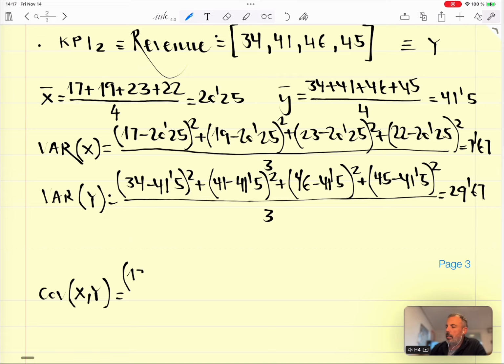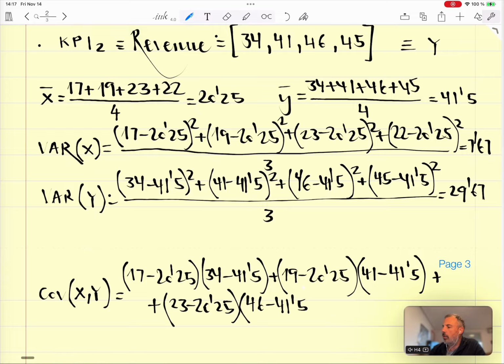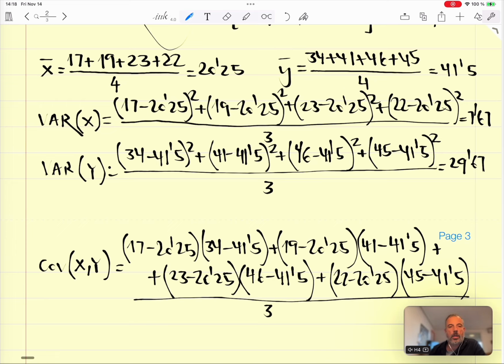Once we have that, we can go ahead and calculate the covariance, which is 17 minus 20.25 times 34 minus 41.5, plus 19 minus 20.25 times 41 minus 41.5, plus 23 minus 20.25 times 46 minus 41.5, plus 22 minus 20.25 times 45 minus 41.5, and this divided by 3 yields 14.5.